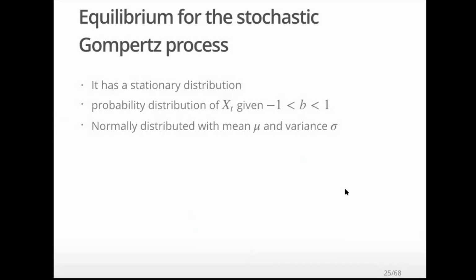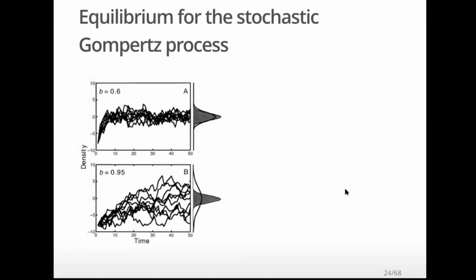All right, so there's critical things to know about this. One is that it goes to an equilibrium. So in your ecology classes, I'm sure you've learned about community models in which you have, say, a predator-prey model, and you show that it has a certain equilibrium point where the predator and the prey will tend to go towards certain numbers.